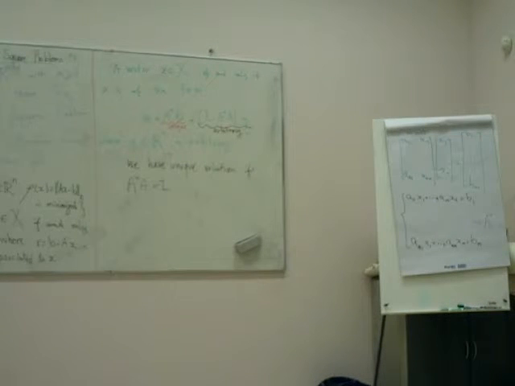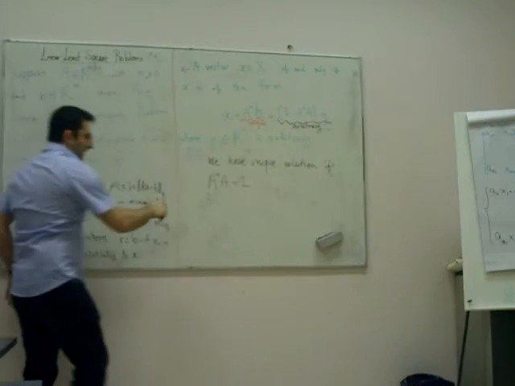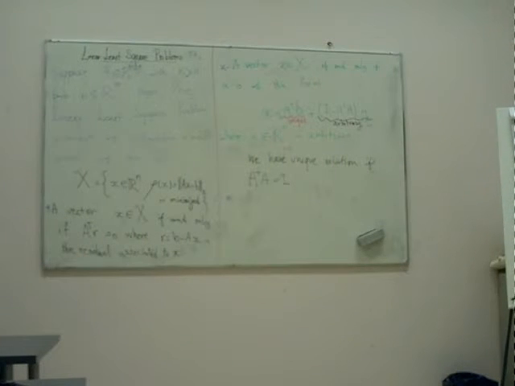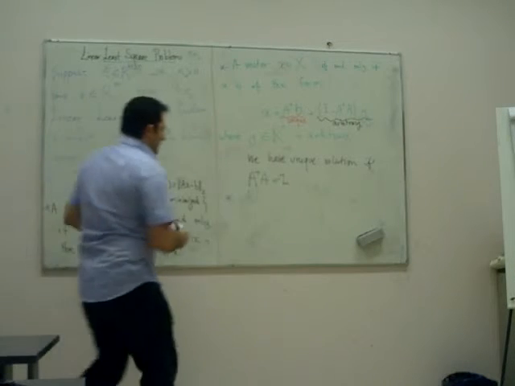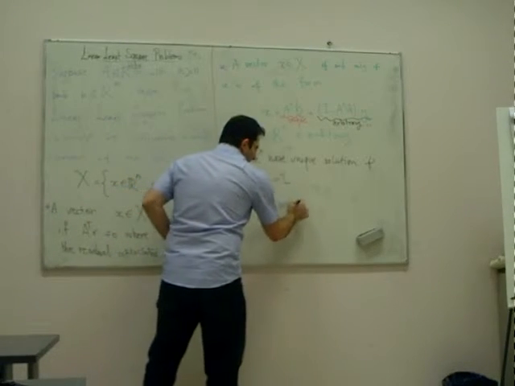Also, we understand that this is a definition. This star, they are all the same, just different ways of noting it. And we have another notation of the same thing, and it's called the vector space X is called convex. So let's see what it means. X is convex.